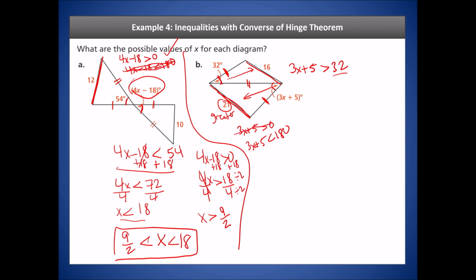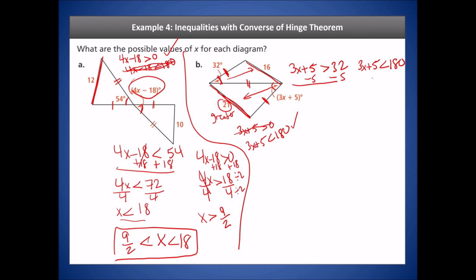So we don't have to use that one. The only one that gives us new information is the second one. So we have our 2 inequalities: 3x plus 5 is greater than 32, and 3x plus 5 is less than 180. So those are my 2 inequalities, and I'll go ahead and solve those now.